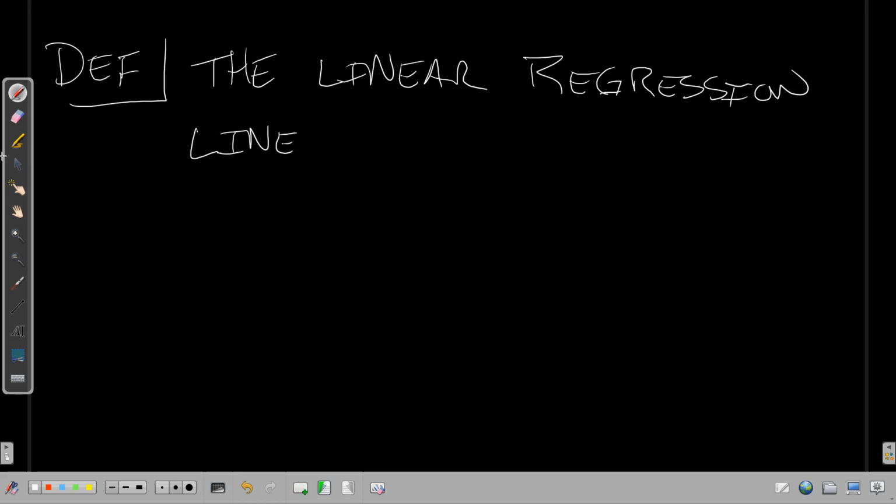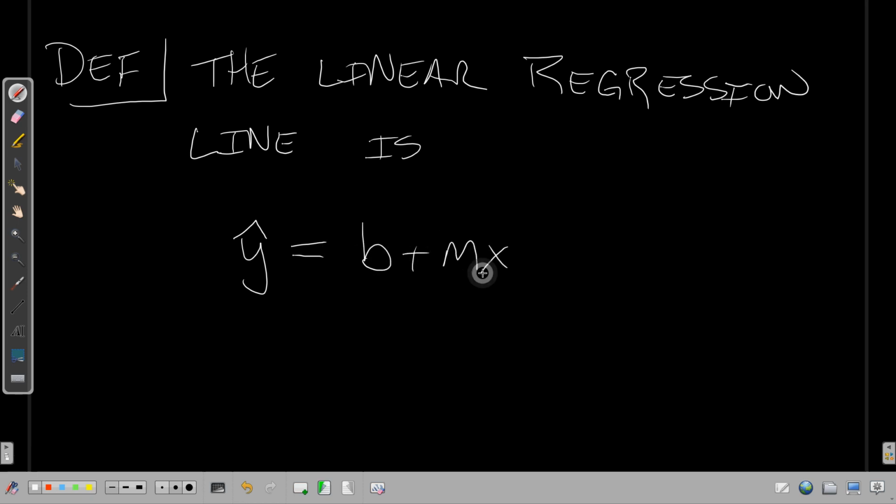I'm doing all this so you'll appreciate the automation that you get from StatCrunch. The linear regression line is this y hat, and for whatever reason in statistics we always put it as b plus mx. We don't write mx plus b.